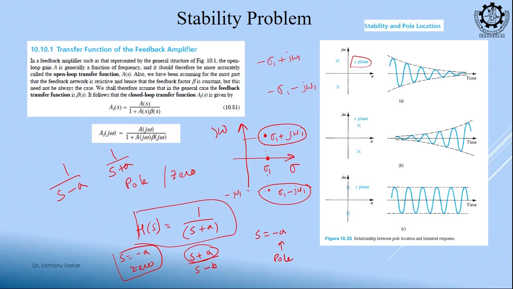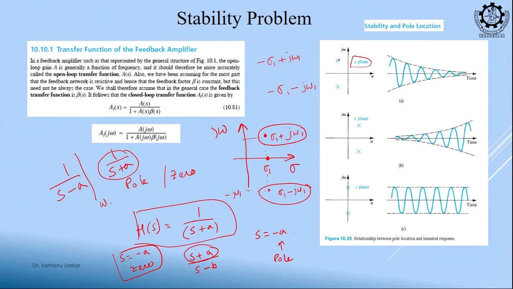Just try to think: as your frequency is changing, what is actually happening? See, in this expression, the solution is negative.